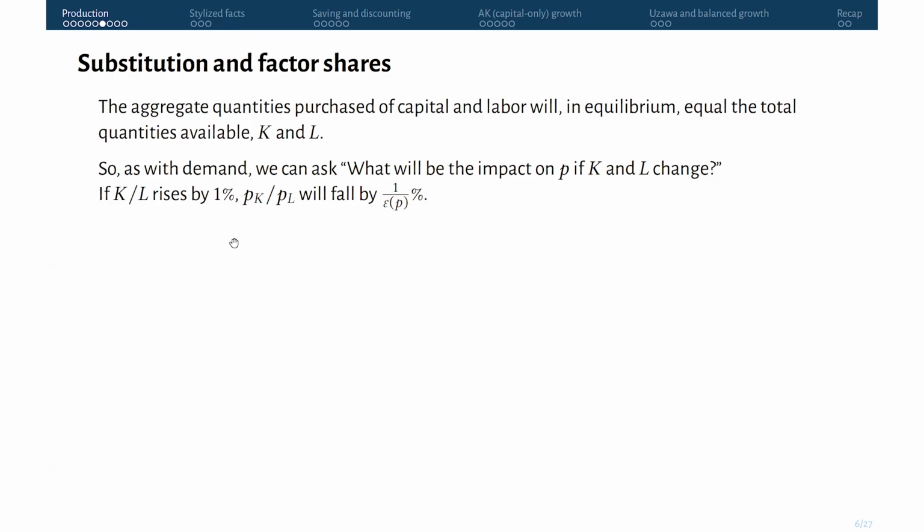Working through the algebra in reverse, if the capital to labor ratio rises by 1%, say, some small proportion, the relative price of capital will have to fall by 1 over the elasticity of substitution percent. That's the amount the price has to change such that the firms want to buy the same amount of capital as before, relative to labor.